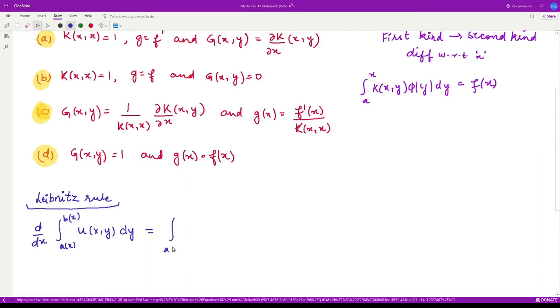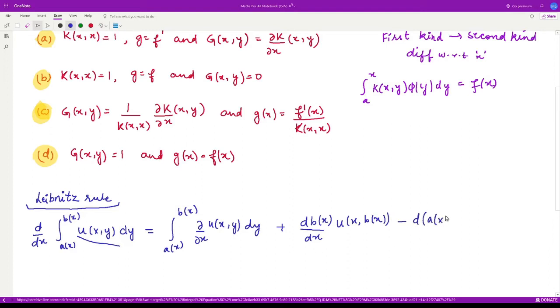It would be integration from a(x) to b(x), partial derivative with respect to x of the function u(x,y) dy, plus the derivative of the upper limit with respect to x multiplied by the u term where we replace y with the upper limit, minus the derivative of the lower limit with respect to x multiplied by the u term where we replace y with the lower limit. So this is the Leibniz rule.